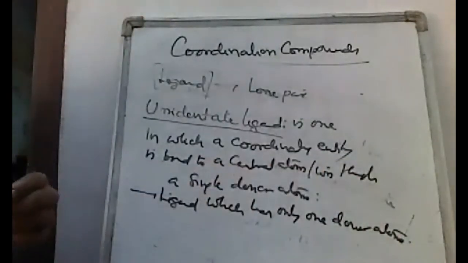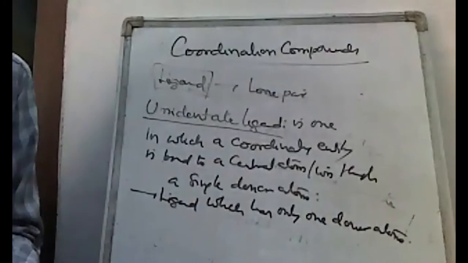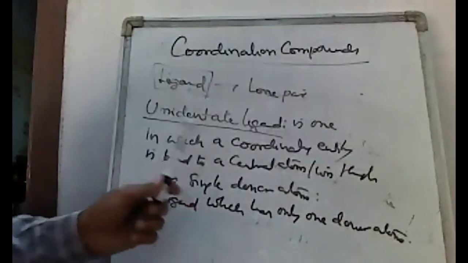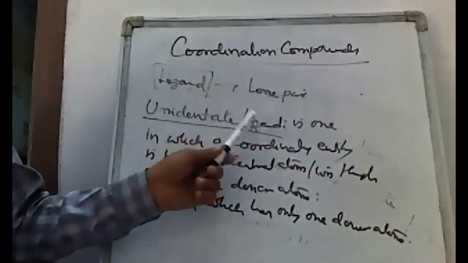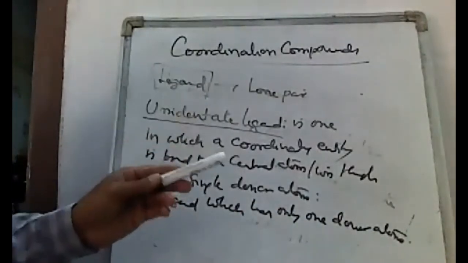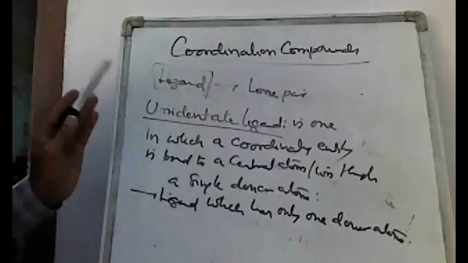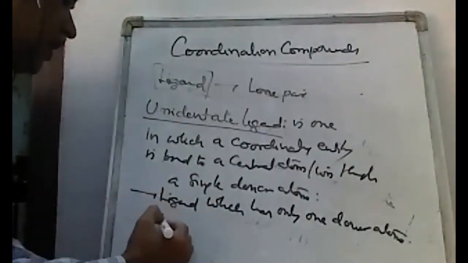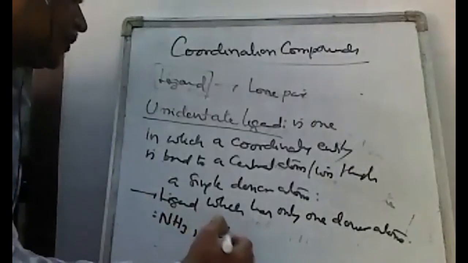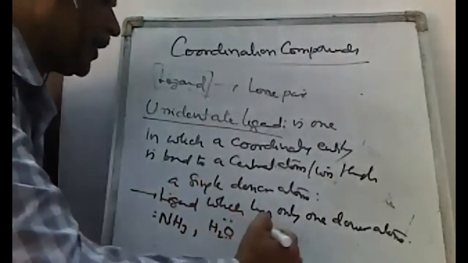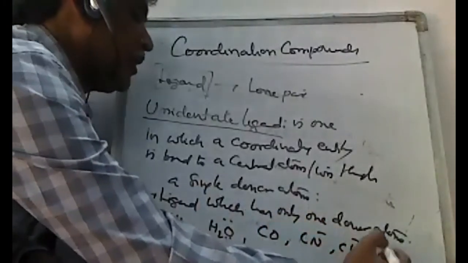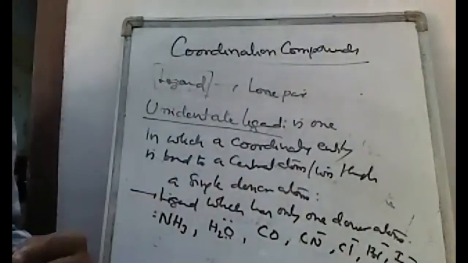As it has only one donor atom, it can form only one coordinate covalent bond with the central atom. Examples for the unidentate ligands are ammonia, where the donor atom is N, and water, where O is the donor atom, and similarly CO, Cl minus, Br minus, I minus. All these are unidentate ligands.